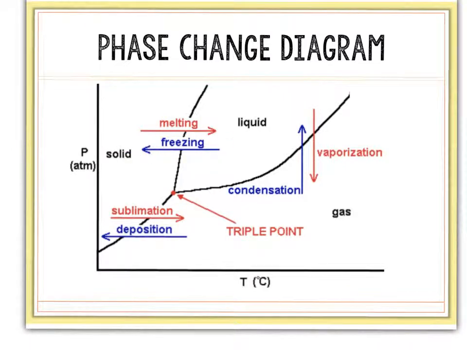From a liquid to a gas is vaporization. From a gas to a liquid is condensation. From gas to solid is deposition. And from a solid to a gas is sublimation. This point right there is called the triple point.